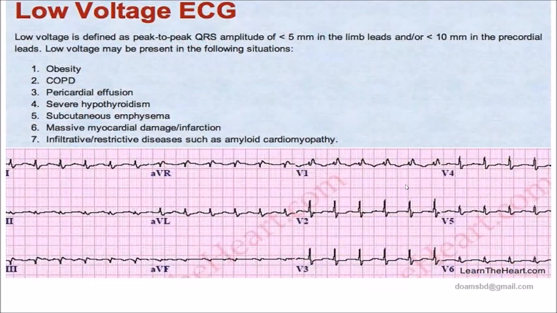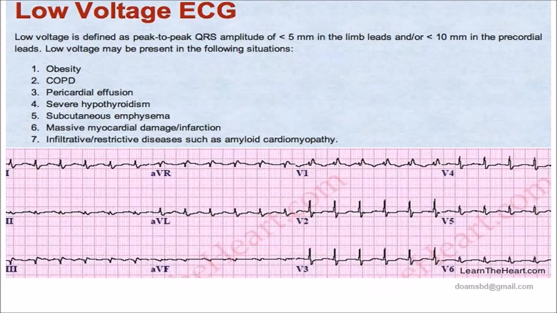Now look at what happened to the R wave here. The R wave is not normal also, it is shorter. Can you see now? The R wave may be shorter in some leads, but is it shorter in almost all leads? Why are you telling this is shorter in the chest leads? Low voltage ECG.